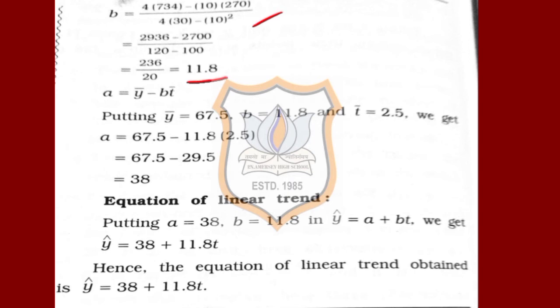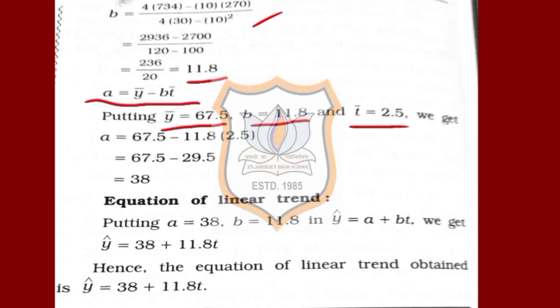Now the equation for time series is given by y is equal to a plus bt. So what is the first thing? We need a. So what is a? a is y bar minus b t bar. We are having y bar as 67.5, b is 11.8, t bar is 2.5.